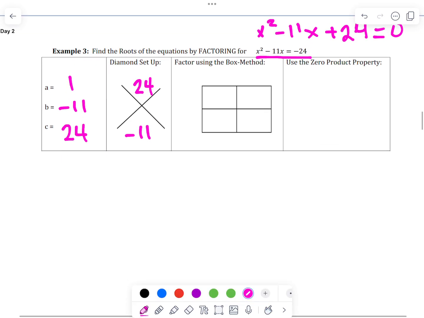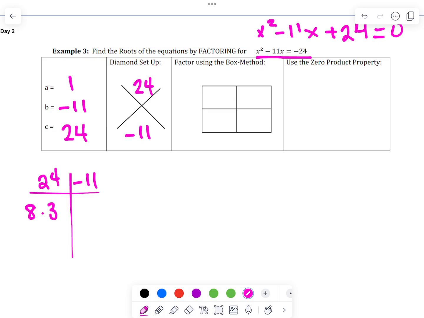Now we're looking for the factors of 24 that add to -11. 8 times 3, when I add them together, I get +11. -8 times -3, when I add those together, I get -11. So these will be the sides of my diamond.